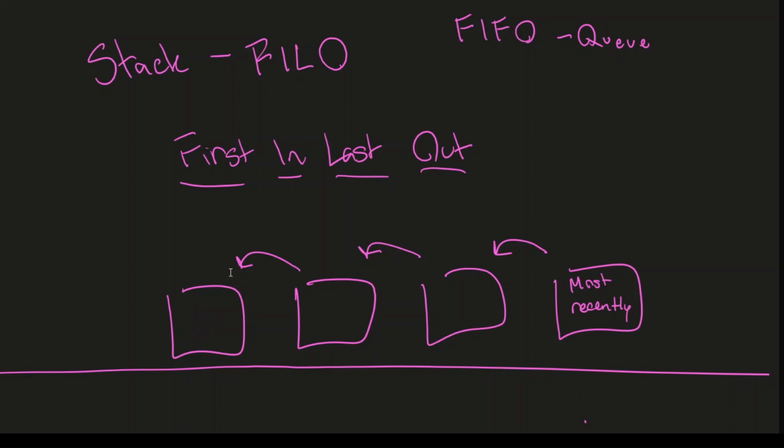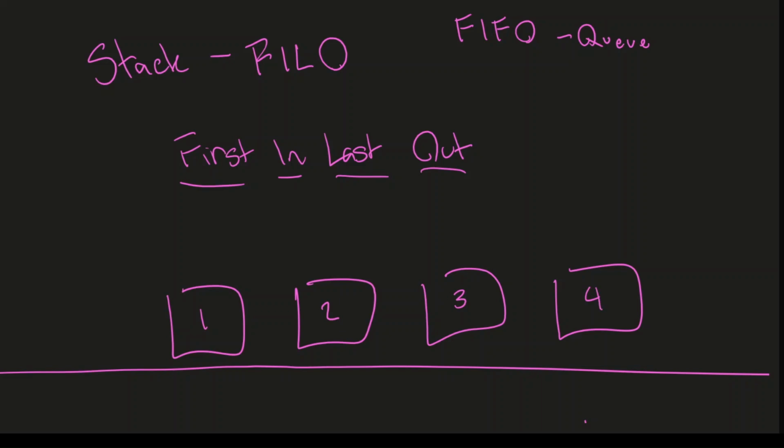And so the best way to look at this is, let's say we have a stack of paper. In a stack of paper, you can only access whatever is on the top of the stack of paper, or the last page that you put on it. So let's say you had a homework assignment that was all on top of each other. So you had page 1, page 2, page 3, and page 4.